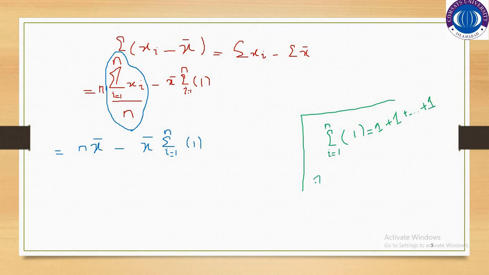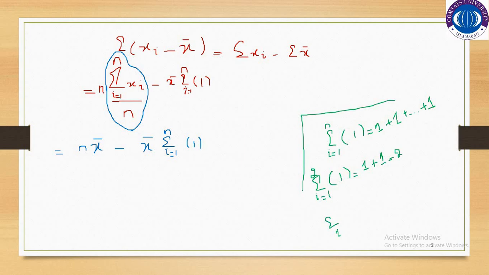Let us suppose that n is equal to 2. So i equal to 1 to 2, and we are applying this summation on 1. It will be 1 plus 1, which is equal to 2.